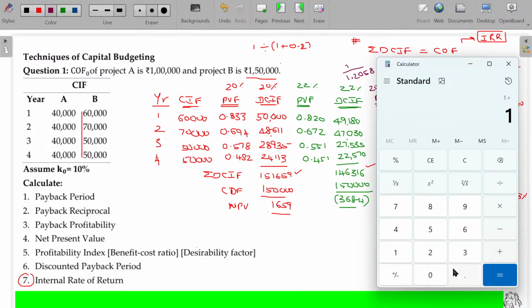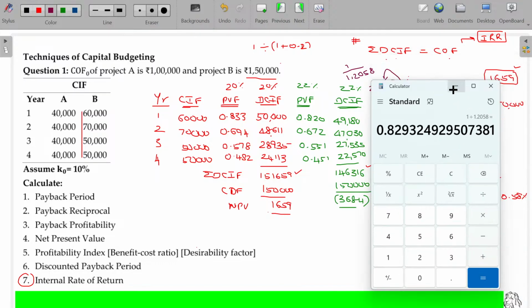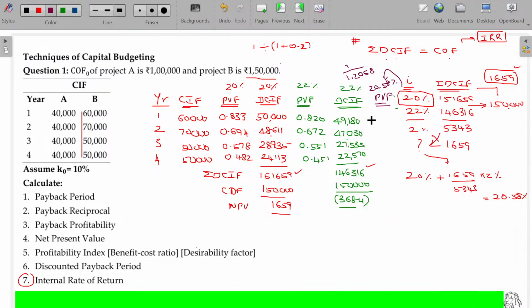1 divided by 1.2058. This is how we can get the values: 0.829, 0.688, 0.570, 0.473.